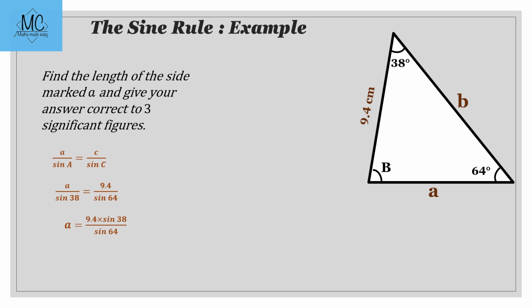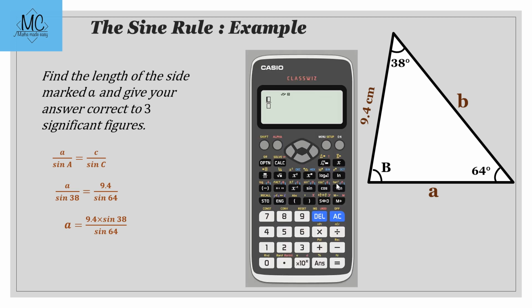equation by taking the sin 38 to the other side, which is multiplying with 9.4. If you put this in your calculator, the equation will be like this: 9.4 times sin 38 divided by sin 64.